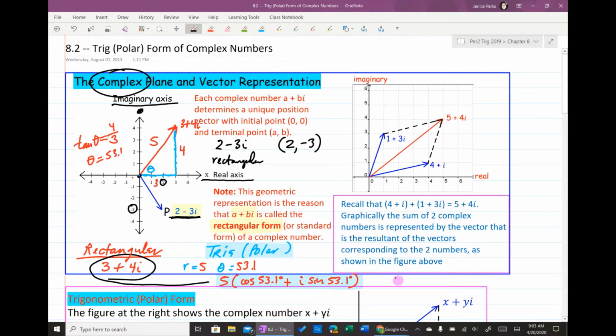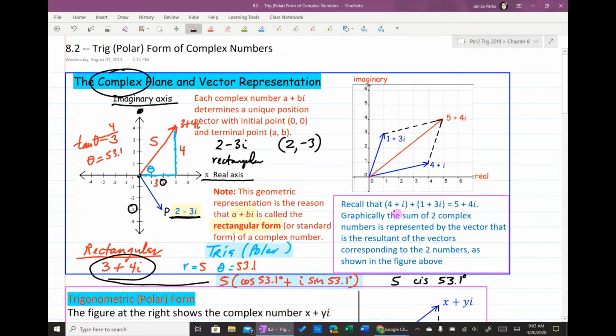There's a shortcut for that, and we write it 5 cis 53.1. That's 5 is the radius, cosine 53.1 and i sine 53.1. The reason there's an i is because it's an imaginary number.